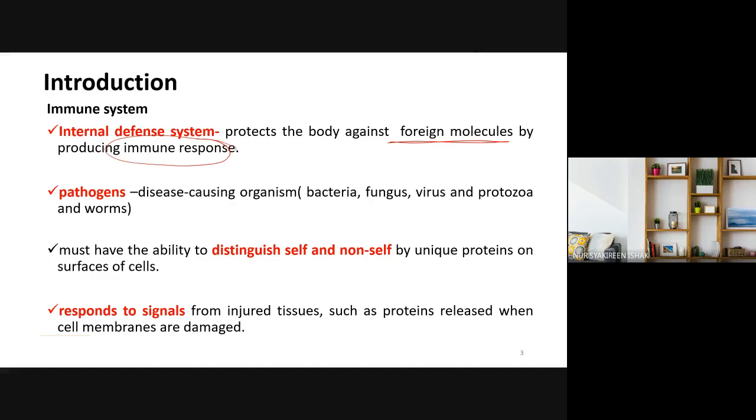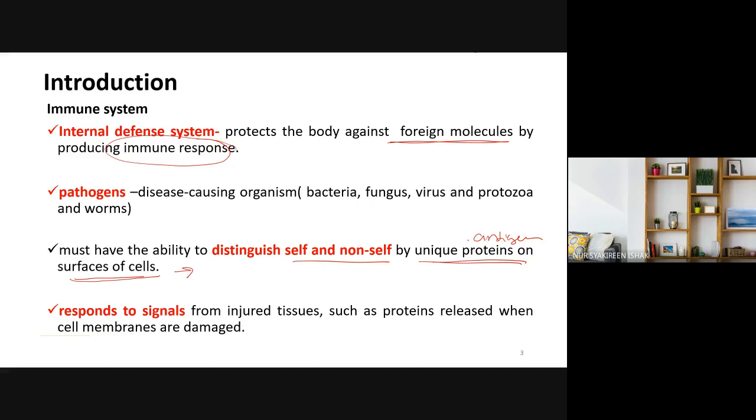Okay, number two, next one, must have the ability to distinguish, okay, self and non-self by unique proteins on surface of cell. Unique proteins on surface of cell, another term for it is antigen actually. Okay, antigen. Okay, so these unique proteins on the surface of cells, especially pathogen, okay, has to be detected by your immune cell.